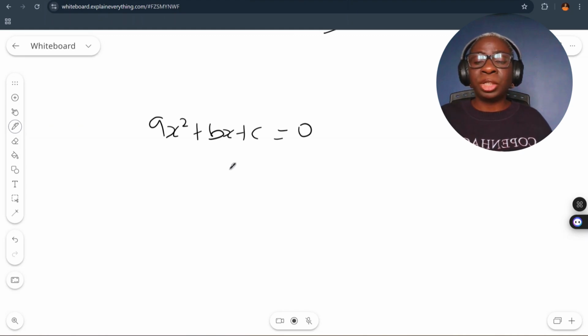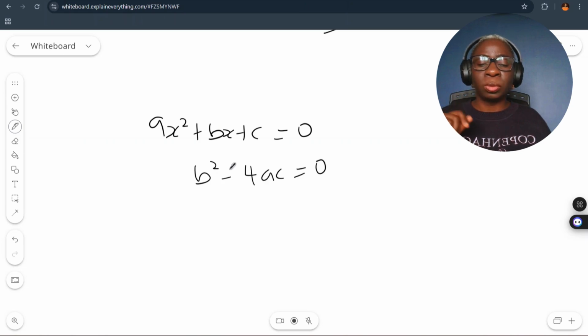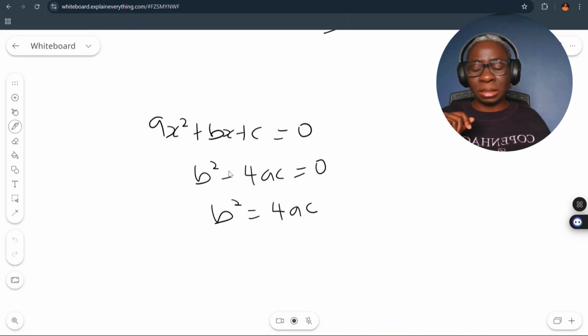Since it has equal roots, it means the discriminant is equal to 0. That means b squared minus 4ac is equal to 0, which means b squared is equal to 4ac. And this is the relationship between a, b and c.